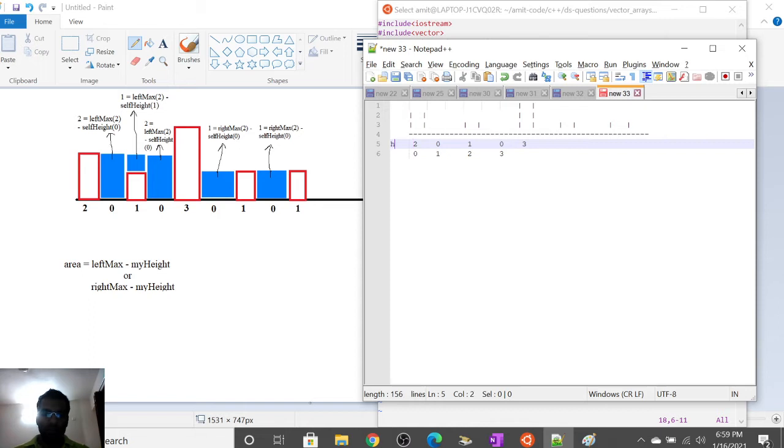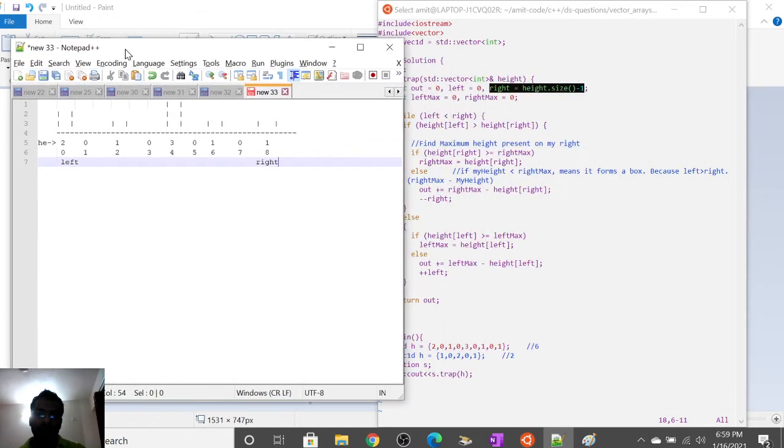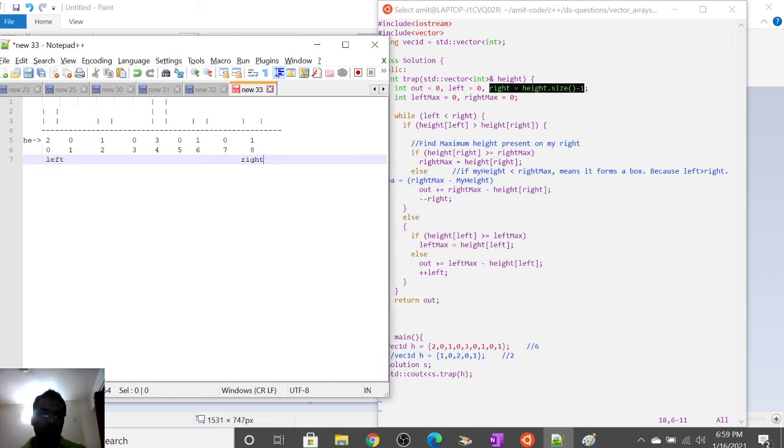So this is the height, I'll just represent it like this. This is 4, then this is 0, this is 5, this is 1, 0, and 1 again, and this is 6, 7, and 8. Okay, so what will happen is we'll start with left here and right here. Then we'll go into that part where we compare the height of left and height of right.